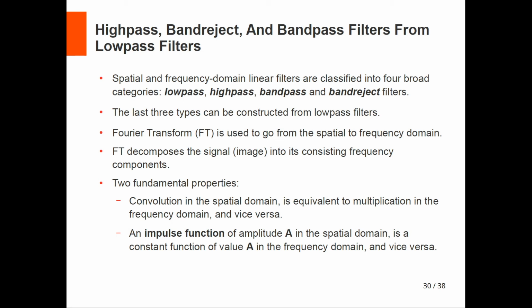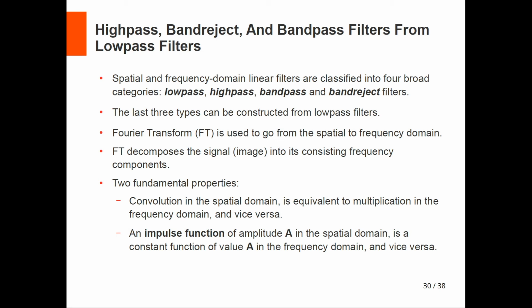We have low-pass filters, like we saw in smoothing filters, either box filter or Gaussian filter. We can have high-pass filters, like we saw in Laplacian or gradient filters, and we can have bandpass or bandreject filters. The last 3 types can be constructed using low-pass filters.